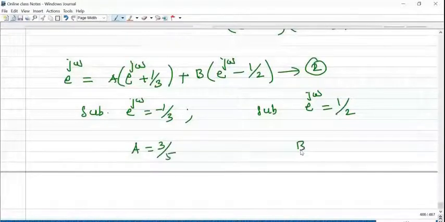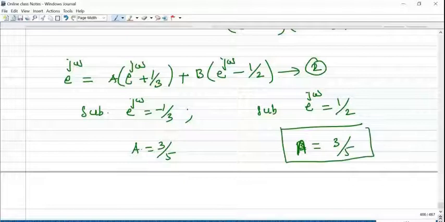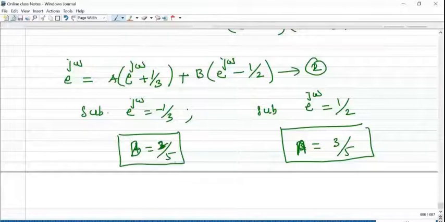Solve it. If you substitute 1 by 2, you get a value 3 by 5. Substitute minus 1 by 3, a will be cancelled, you will get b equal to 2 by 5.